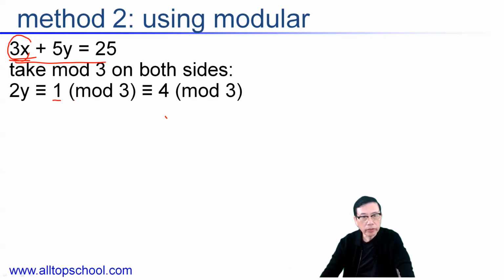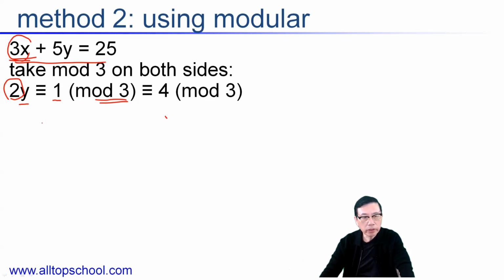So 2y is congruent to 1 modulo 3. But in order to solve for y, this must be a multiple of 2, and 1 is not good. So let's add a multiple of 3 onto 1. I just add 3: 1 plus 3 equal to 4 modulo 3.